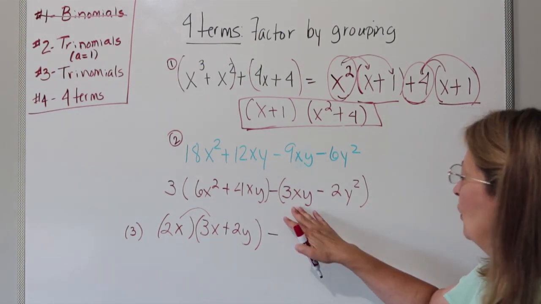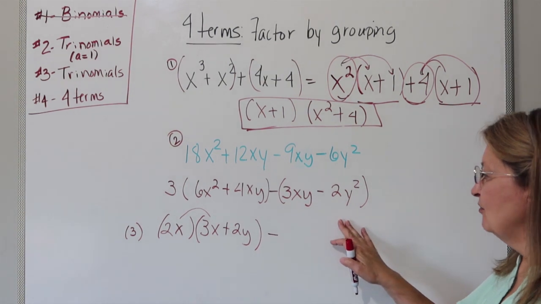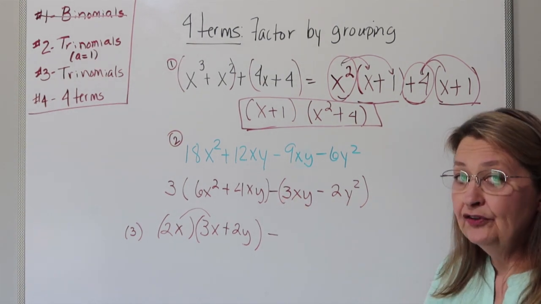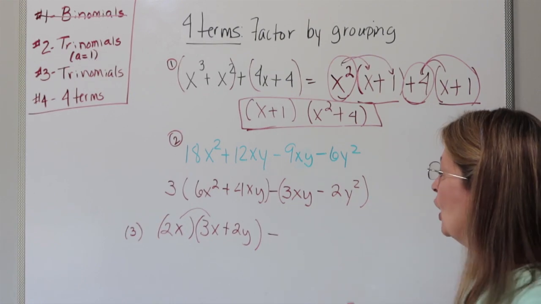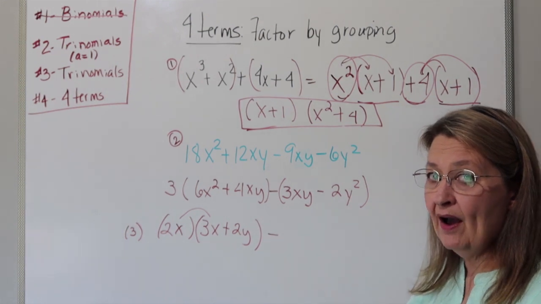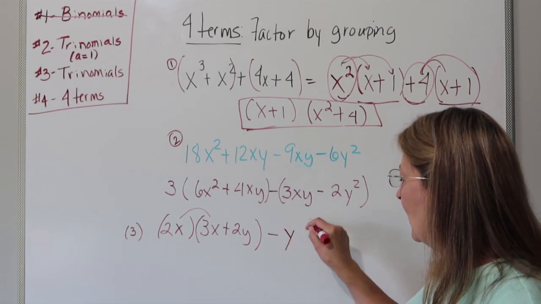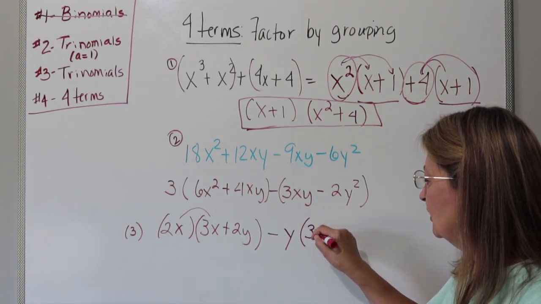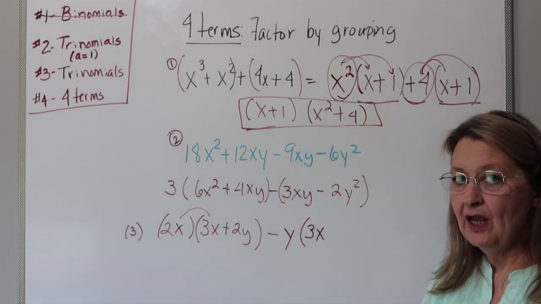Now here, what do I have as a greatest common factor here? Nothing will go into 3 and 2, so I'm out of luck there. But, and I don't have an x in both of them, all I have is a y. So let's pull the y out, and when I divide y out of this, I'm going to get 3x. Now here's where you have to be careful.